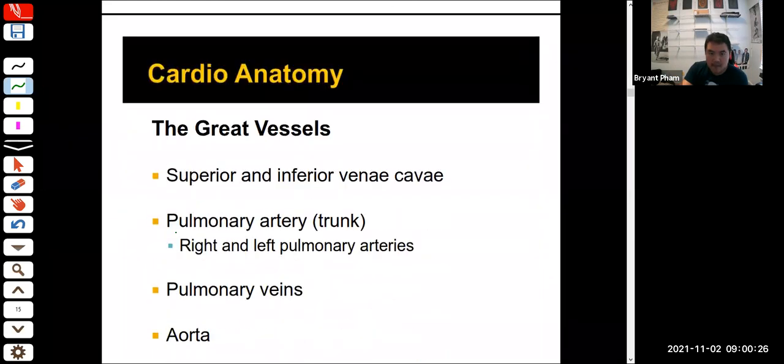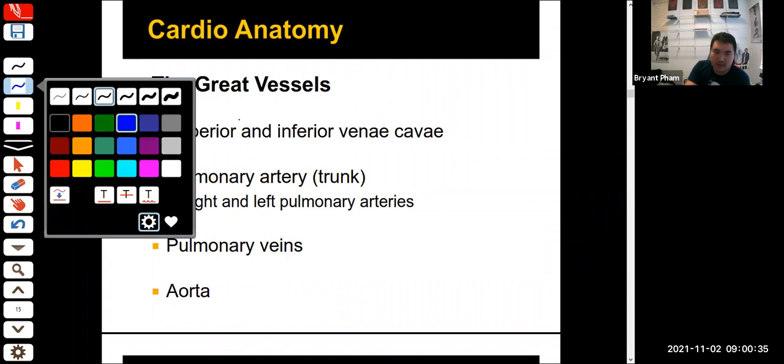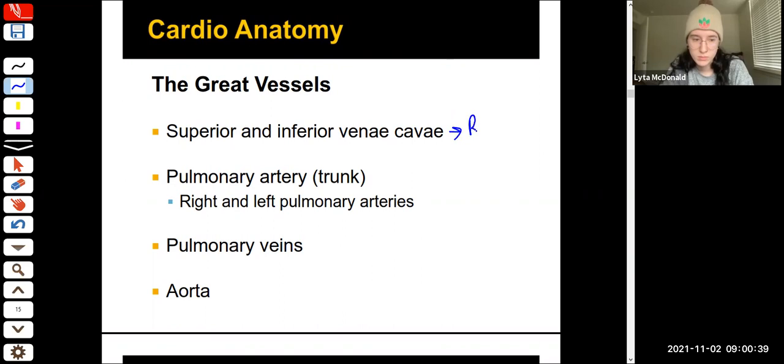All right, so the great vessels, 4 of them. Superior and inferior vena cava connect to which structure? What chamber do your vena cava connect to? Right atrium. Perfect.